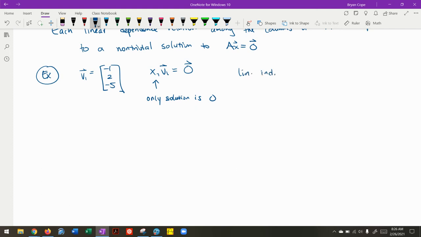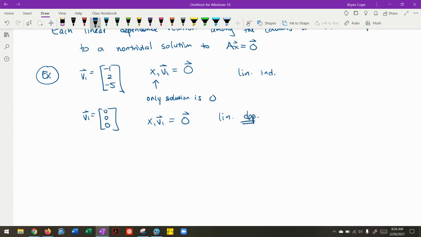However, there's an exception, right? What if that one vector is the 0 vector? And then we try and ask this question, right? How many solutions are there to that equation? There's infinitely many, because if v1 is the 0 vector, then I can put any scalar in front of v1 and still arrive at the 0 vector. So this set would be linearly dependent.